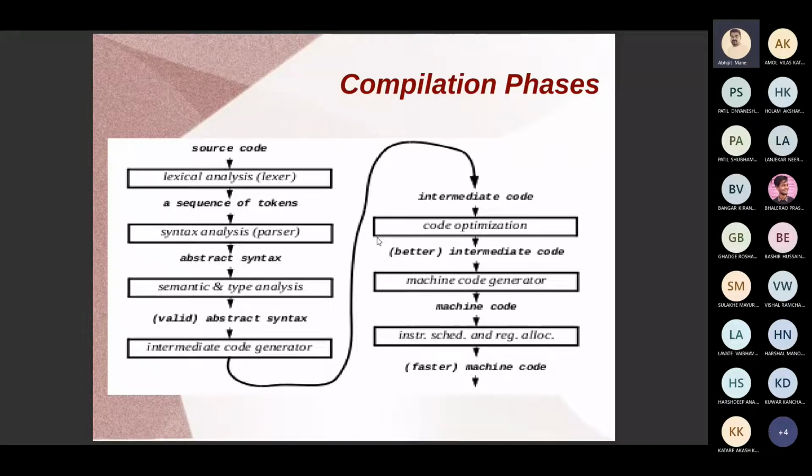The final code is generated, and after that there is instruction scheduling and register allocation, so that faster machine code is generated, and then the final a.out is created and you can run your program. So these are the detailed translations of your program from one form to another in compilation.